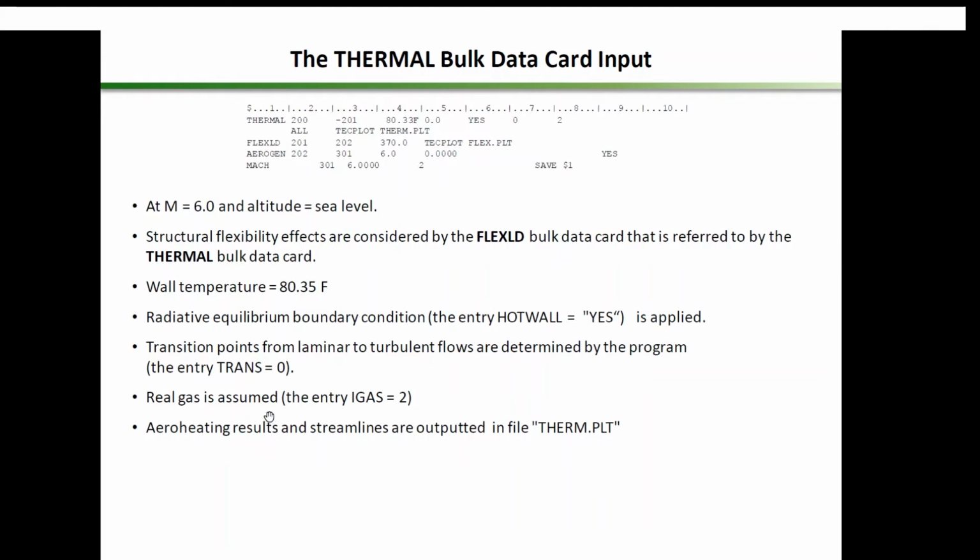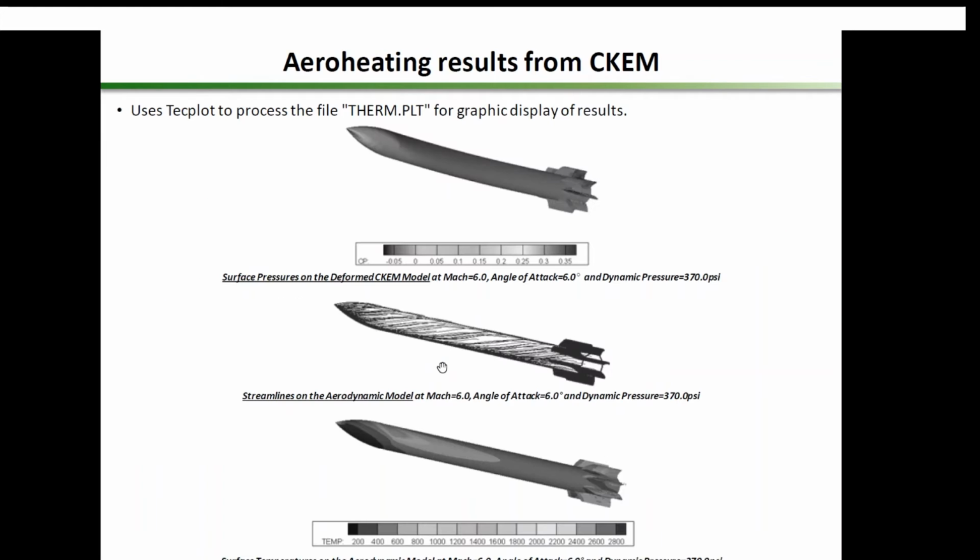We want to use real gas, and the aeroheating result and the streamline are output in the file called therm dot plot. So this is the result, and this one plots the surface pressure at Mach 6, angle of attack 6 degrees, dynamic pressure 370, and this is the streamline, and this is the temperature on this CKEM.